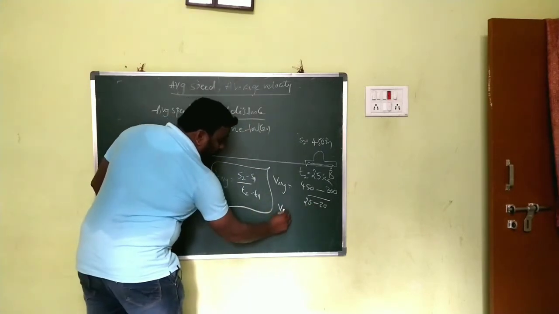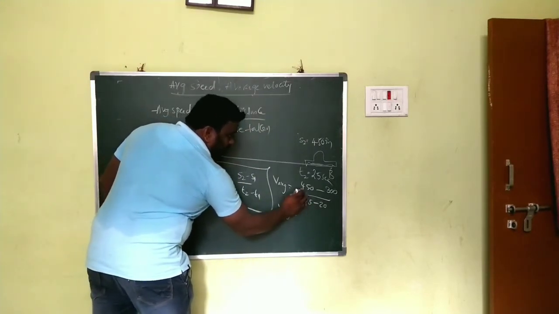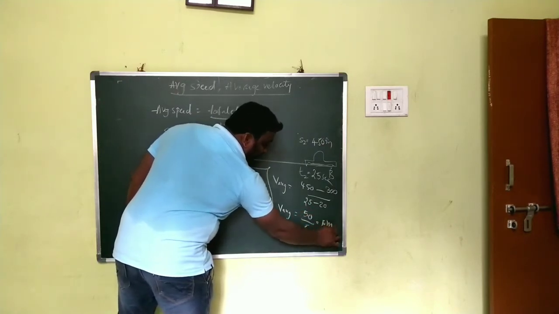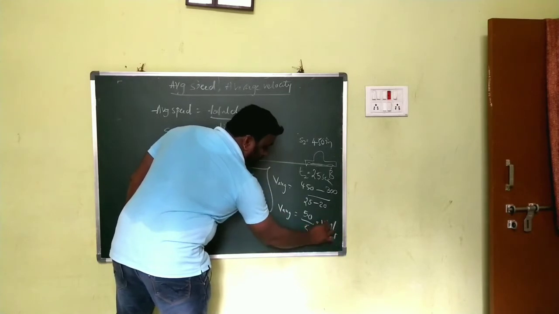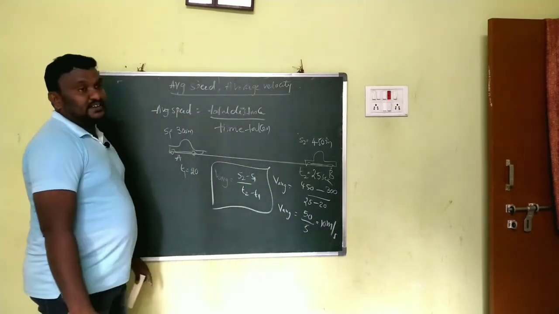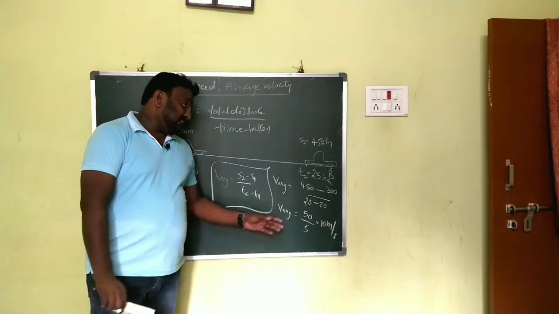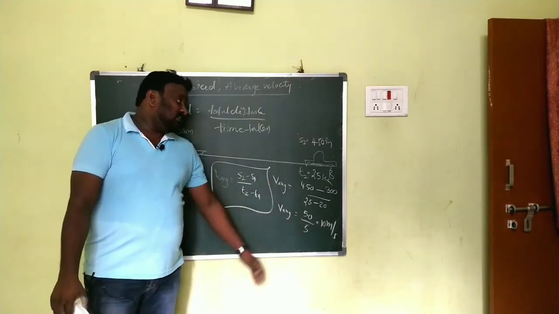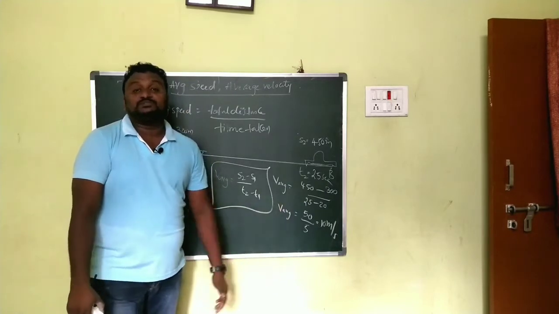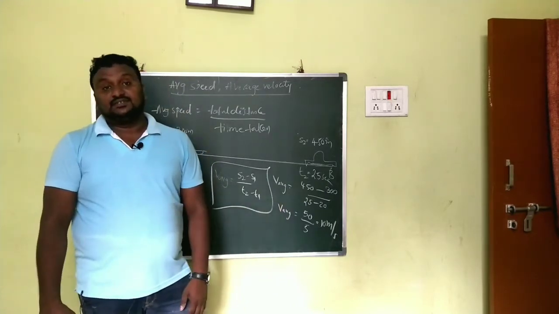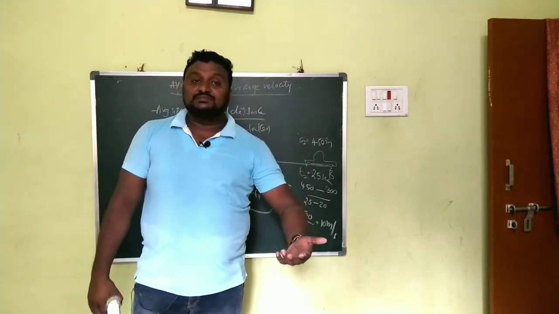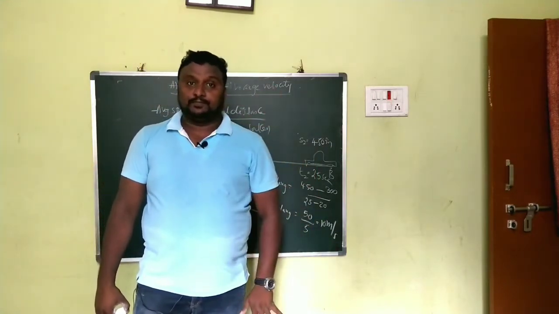We get V average equals 450 minus 300, that is 150, by 5, which is 30 meter per second. So this is the average velocity. In this way we can find the average speed in different cases. Simply, average speed is total distance by total time taken.